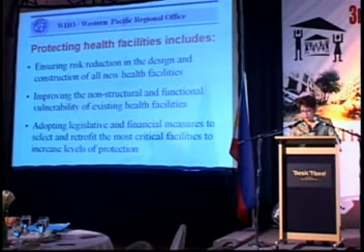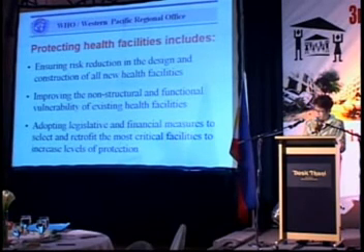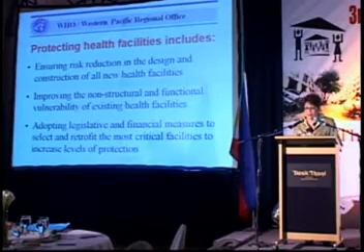We learned that making hospitals and health facilities safe from disasters is possible, it is feasible, by including risk reduction in the design and construction of all new health facilities. Also, by reducing vulnerability in existing health facilities through reinforcement or rehabilitation.